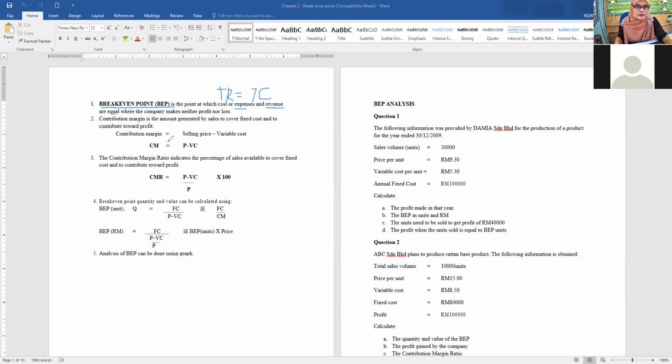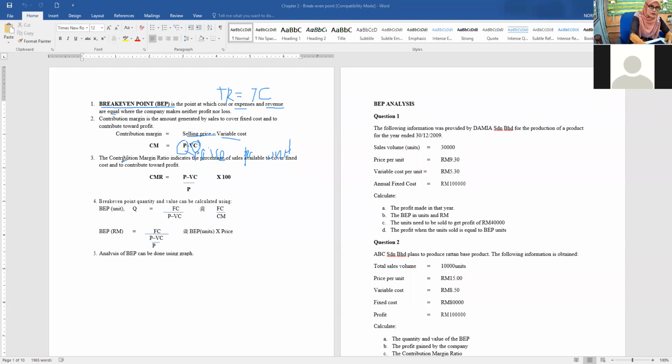Contribution margin equal to selling price minus variable cost. Selling price per unit, variable cost also variable cost per unit.